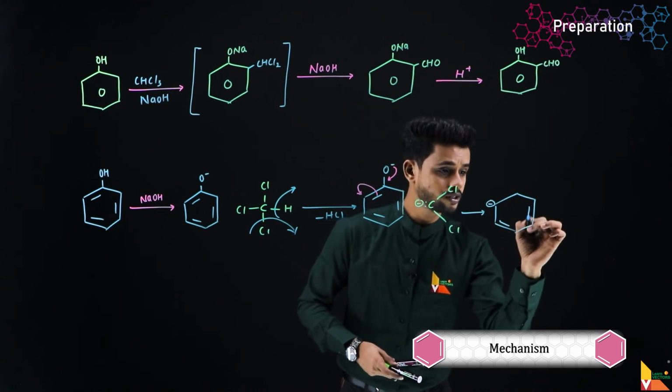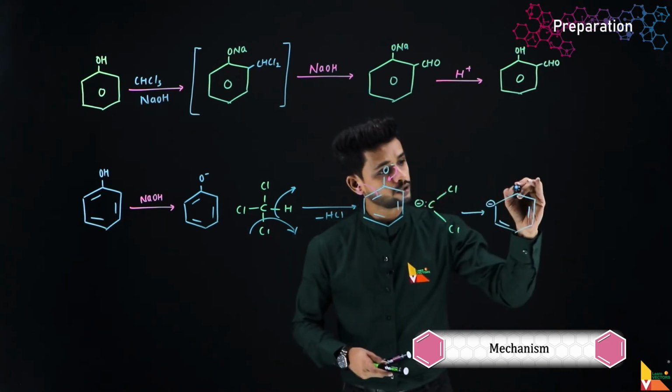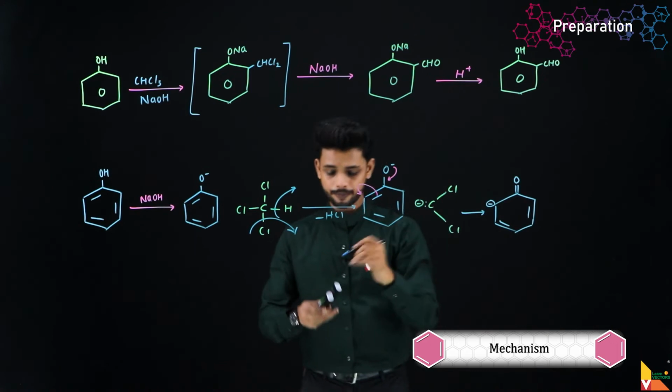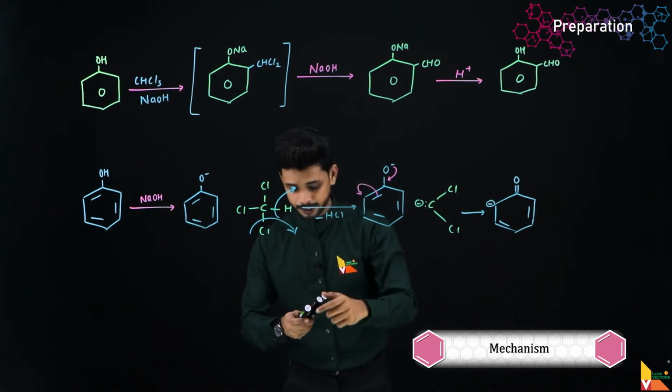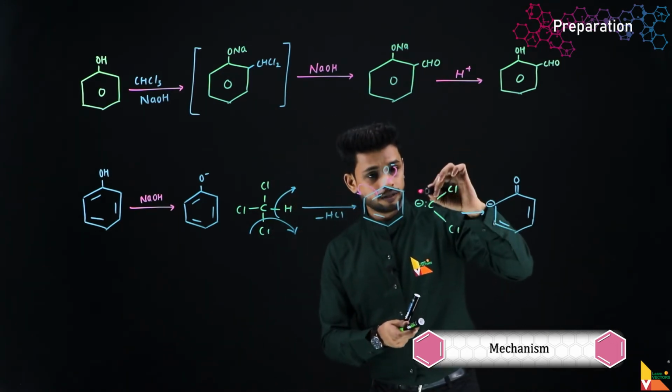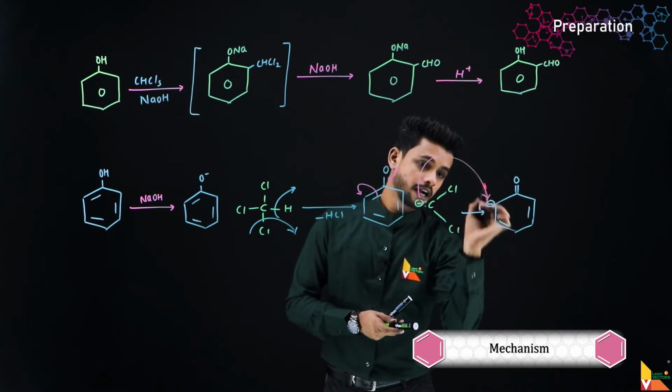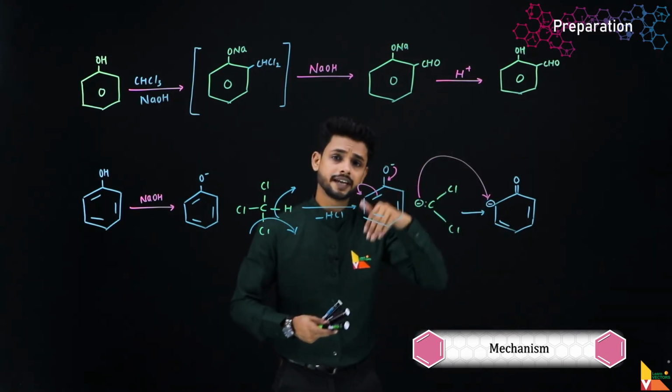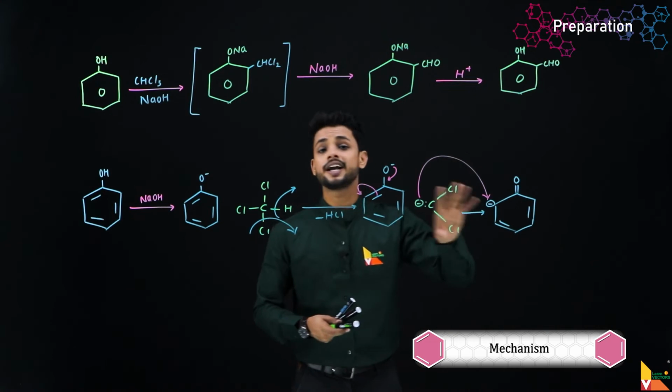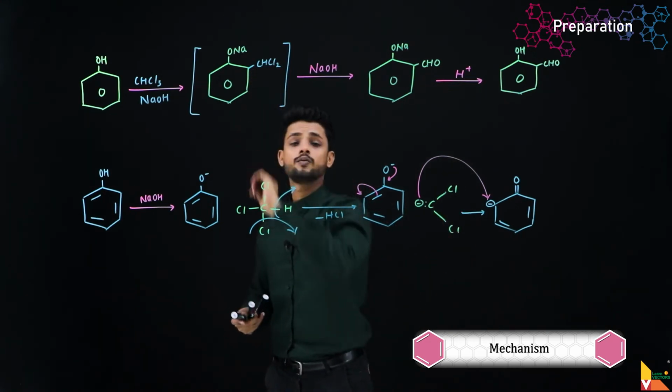The remaining bonds remain as they are, and here you will have this. Okay, now the interesting part. This part attacks here to get itself introduced inside the ring, just like what happened here.